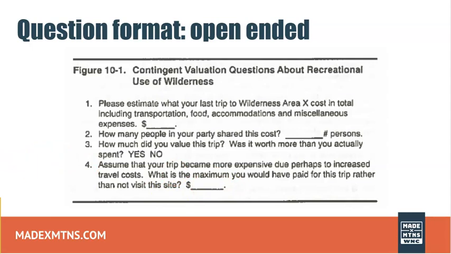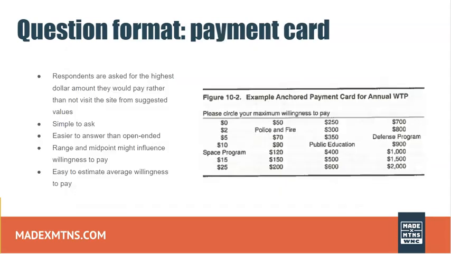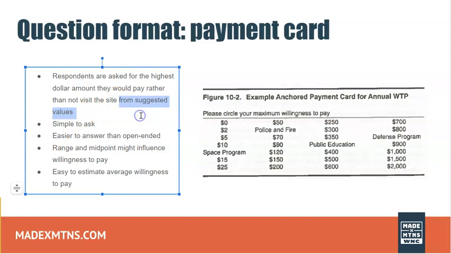Okay, and then an extension or modification of an open-ended question is known as a payment card question. Here, respondents are again asked for the highest amount that they would pay rather than not visit the site, but they are provided some suggested values. So over here on the right, you see an example of a payment card for annual willingness to pay.